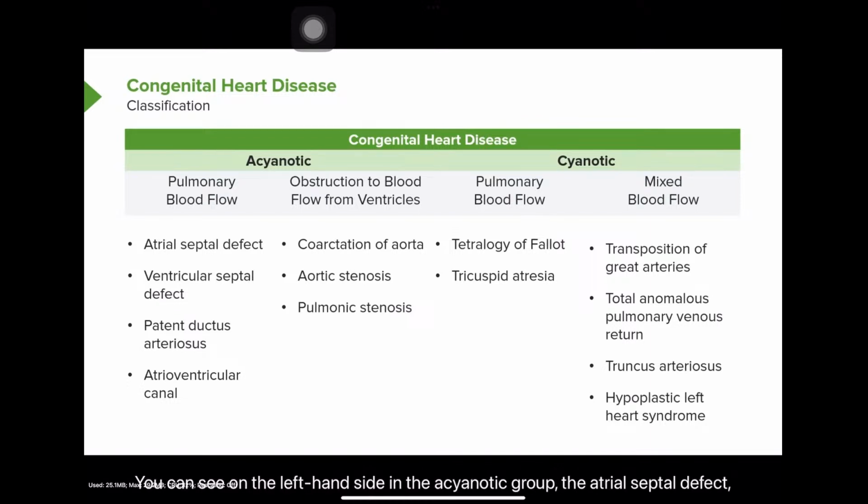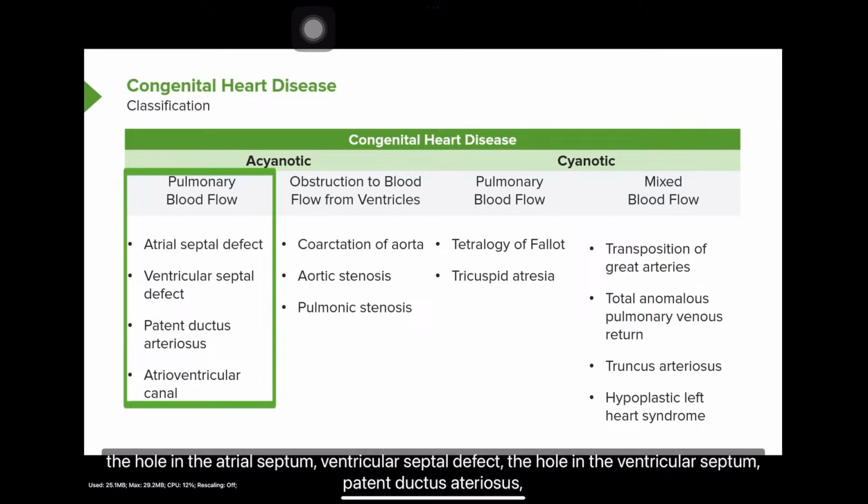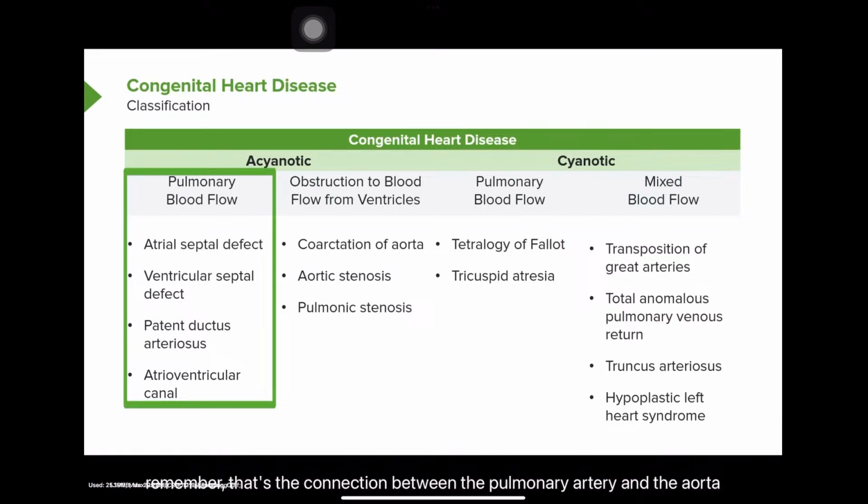You can see on the left-hand side in the acyanotic group, the atrial septal defect, the hole in the atrial septum, ventricular septal defect, hole in the ventricular septum, patent ductus arteriosus. Remember, that's the connection between the pulmonary artery and the aorta that enables blood flow during fetal life to go from the right to the left side because the lungs are not working. And then you can have a special form in which there's a ventricular septal defect and an atrial septal defect known as the AV canal.